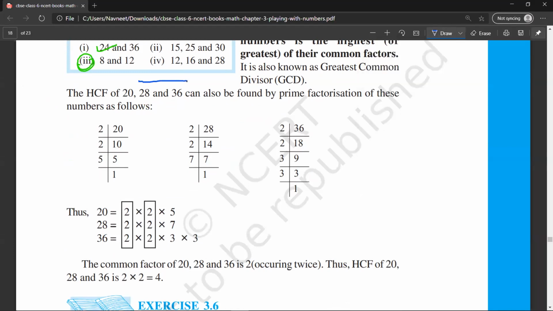So this book is saying that you find the factors of 20, 28, 36.